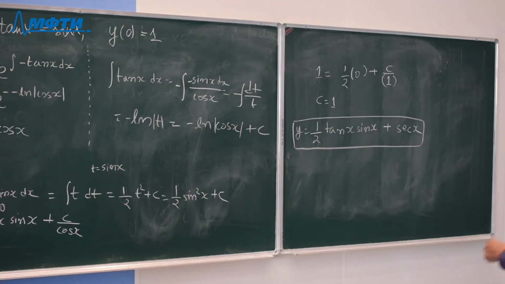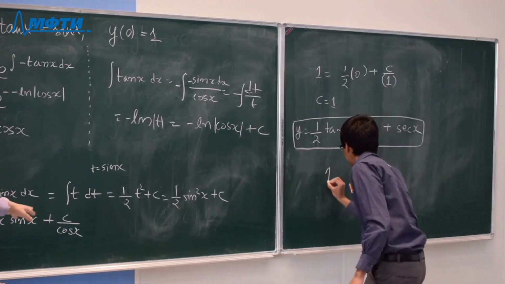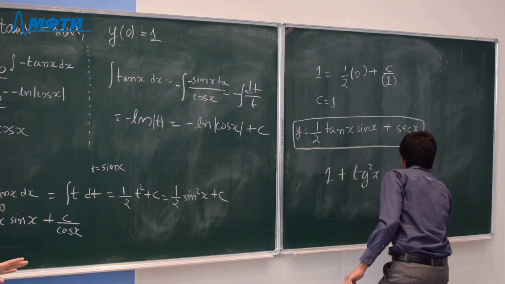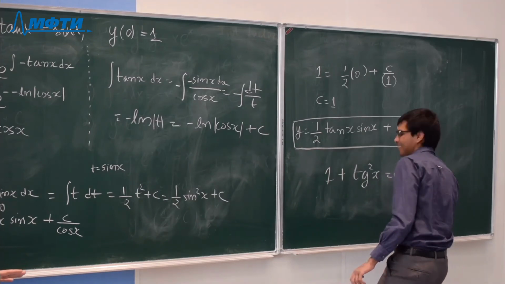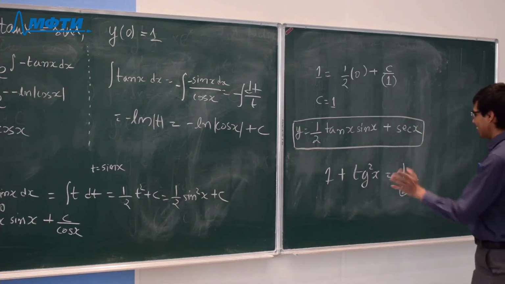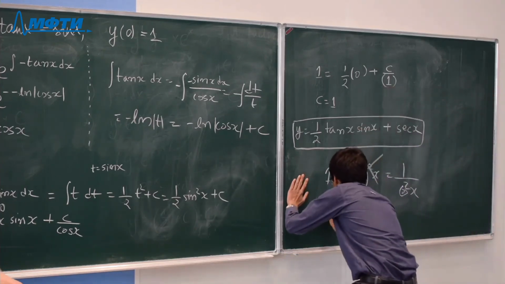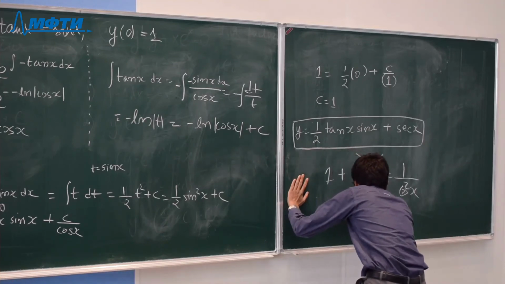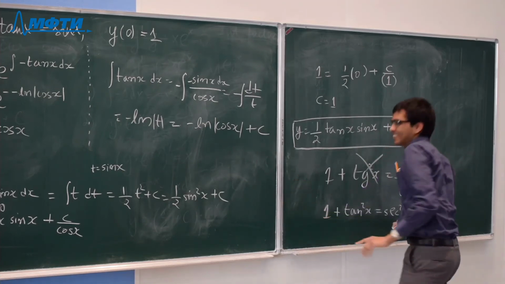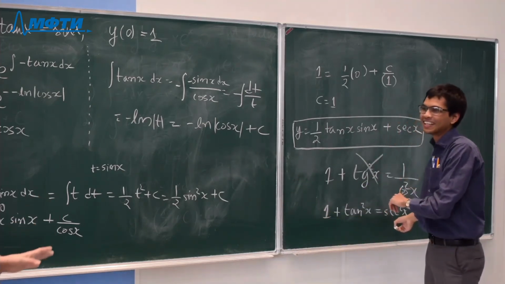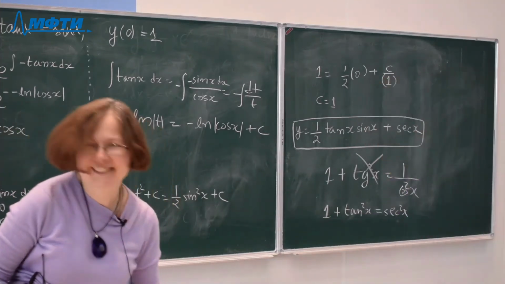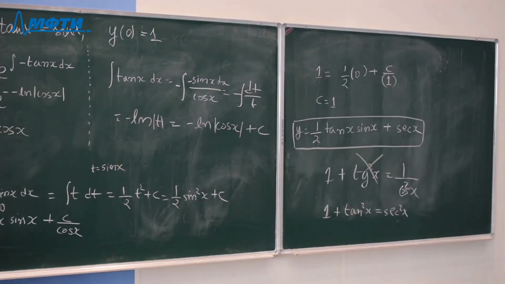Russian students always write 1 over cos squared x. And one plus tan squared x equals sec squared x. Right? More compact. Sec x. Right. Thank you.